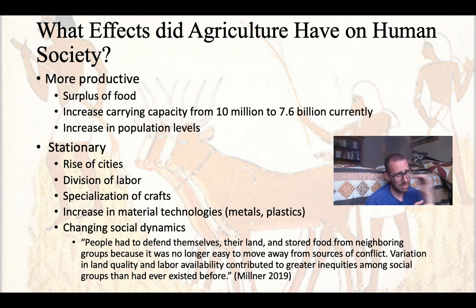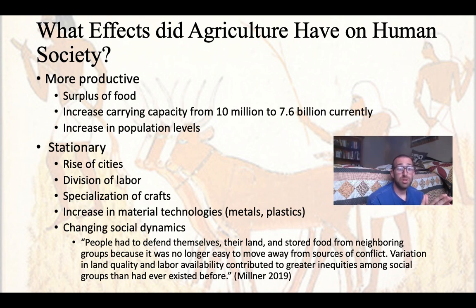And that is the max that the Earth can hold based on that way of living. However, with agriculture, as we see right now, we have a current population of 7.6 billion. So way more people can exist on the Earth through agriculture because it's so much more productive. And that is what we've seen, right?